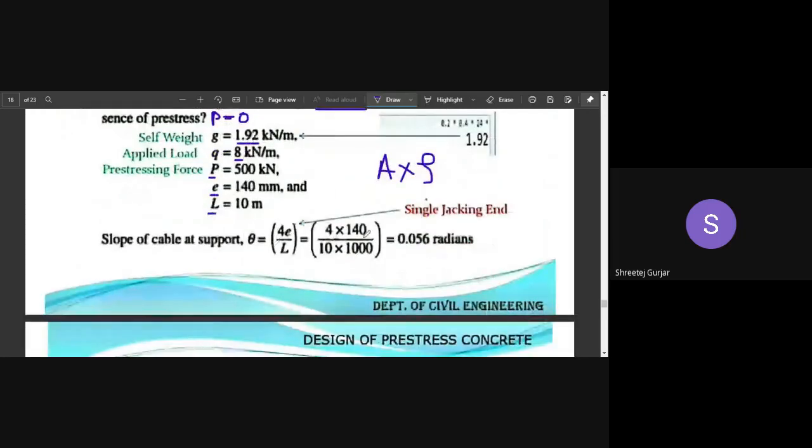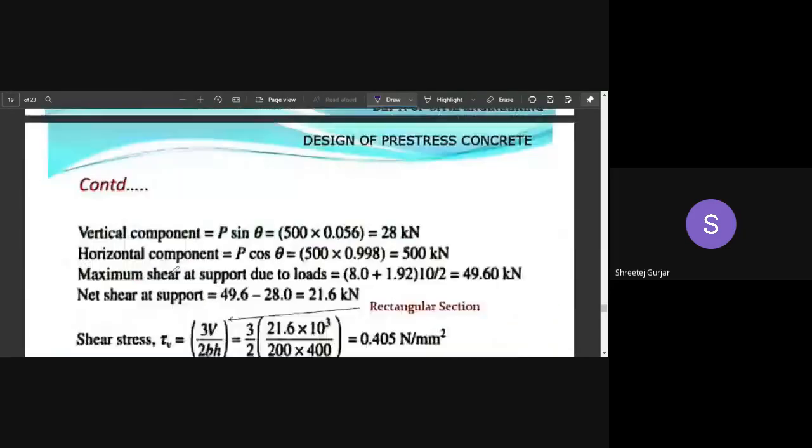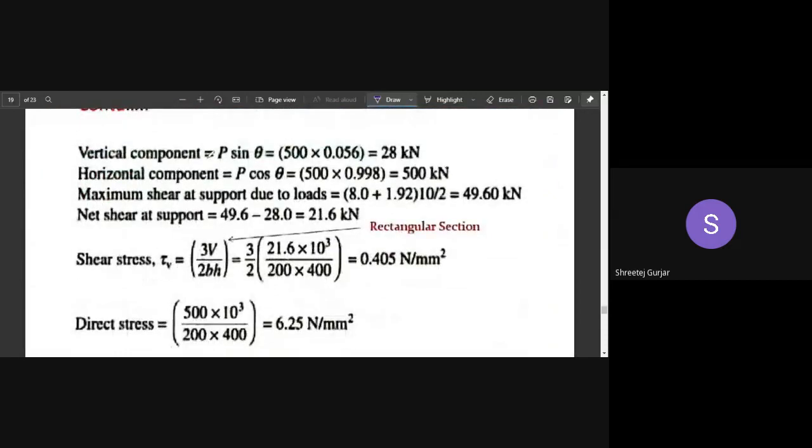Okay. Now, as I've told you, the slope of the cable at support when we have a parabolic cable is equal to 4e by L. 4 into 140 by L. Okay, so this is in radians, 0.056 is the theta value which we have calculated. Now, next calculate the vertical and the horizontal component, right?